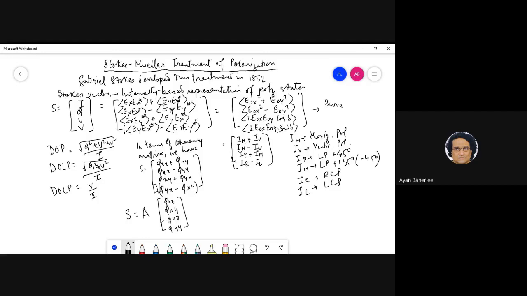This is IP plus IM, where it is actually plus 135. If I write vertical minus horizontal, this is IP plus IM, which is the same as IP minus I of minus P. So it is actually 45 minus minus 45, and minus 45 is the same as plus 135. Those are the same orientations, right?